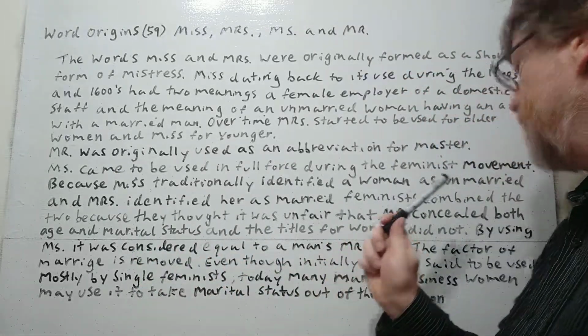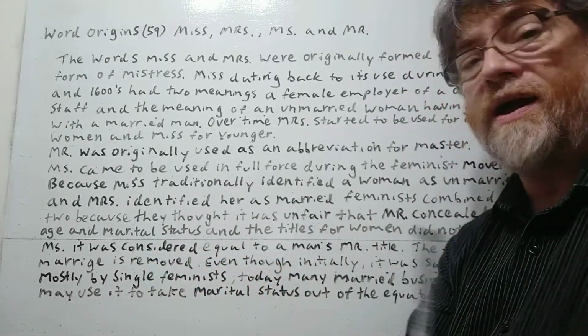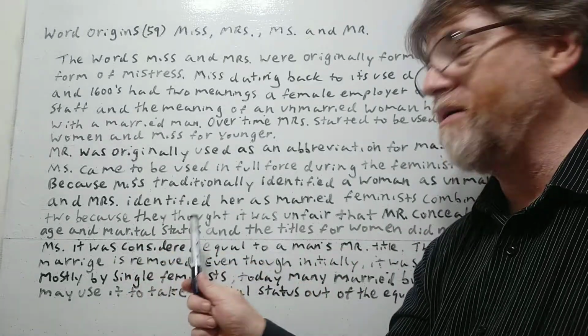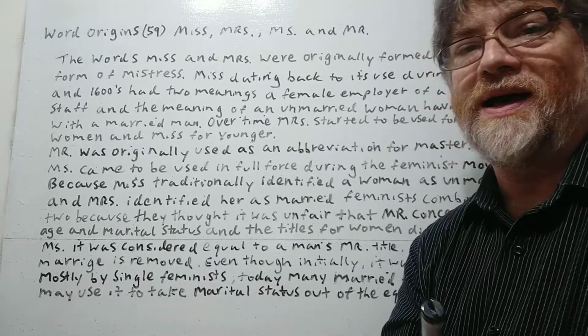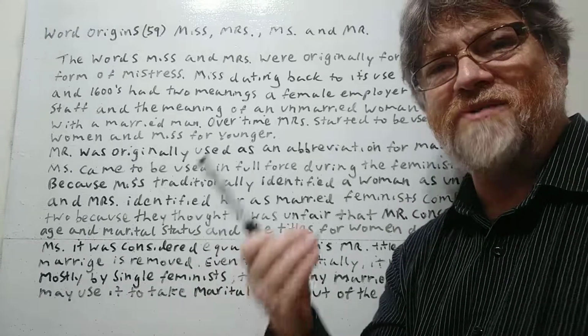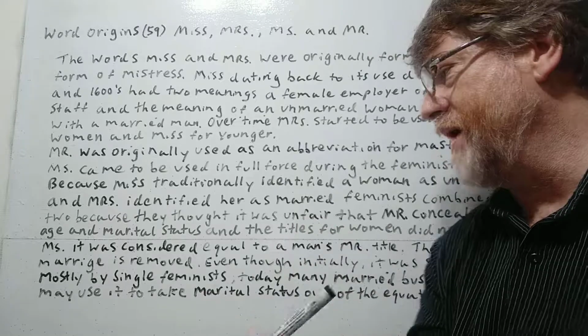Feminists combined the two because they thought it was unfair that Mr. concealed both age and marital status. So they thought this was a disadvantage, and so they created a third one. That's why today we have three titles for women, but only one title for a man.